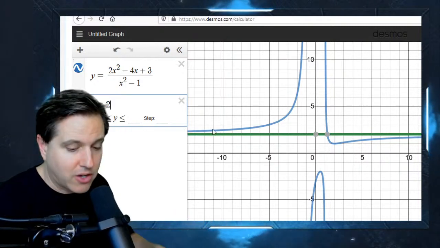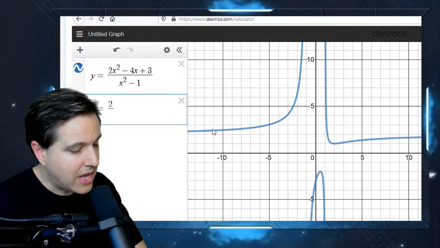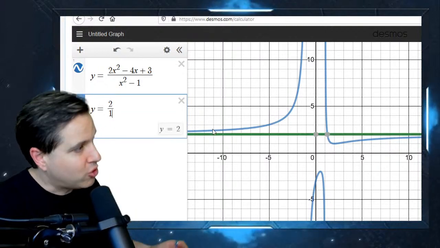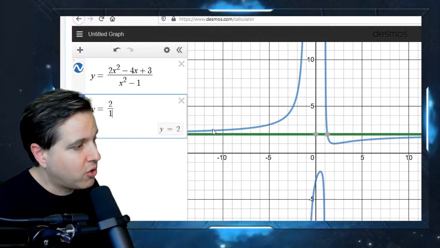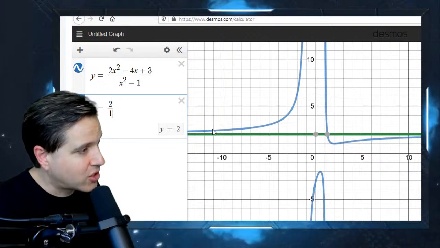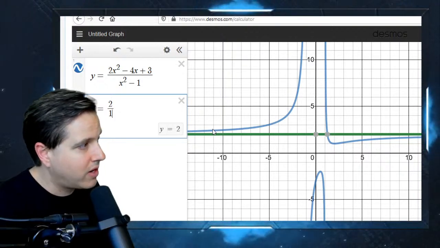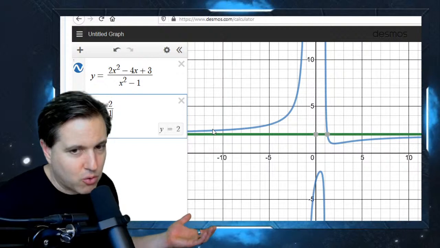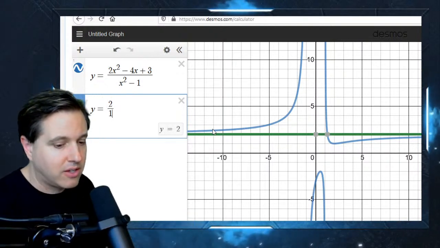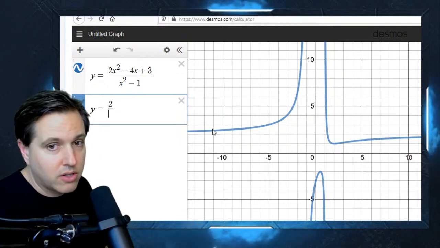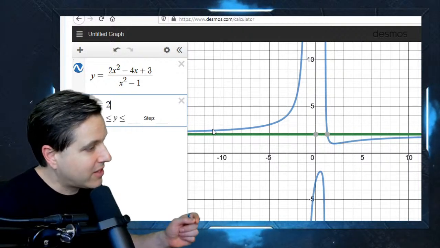So technically, you'd think of it as 2 over 1. The ratio of those coefficients on the x squared terms would be 2 over 1. But of course, we just write it as 2, not 2 over 1. That's where that's coming from.